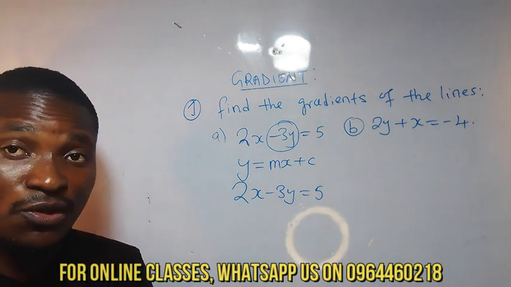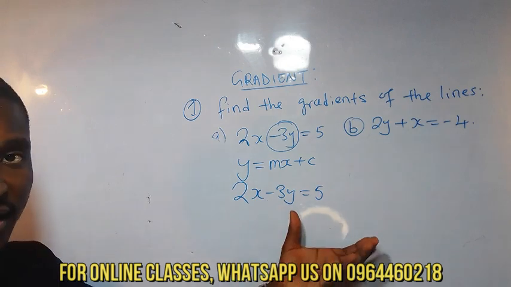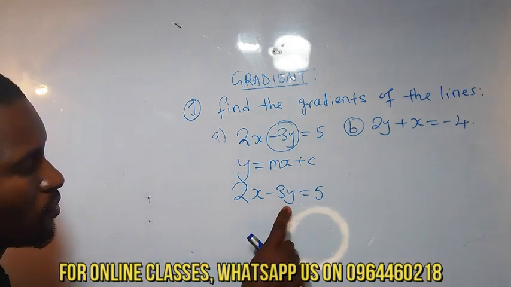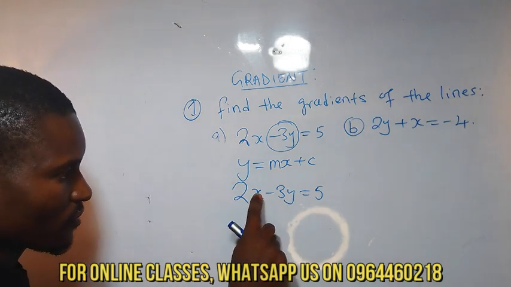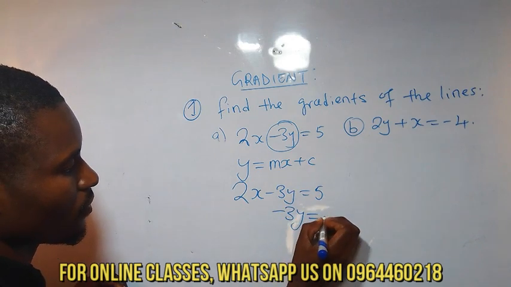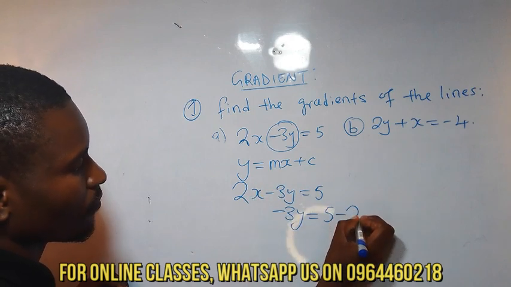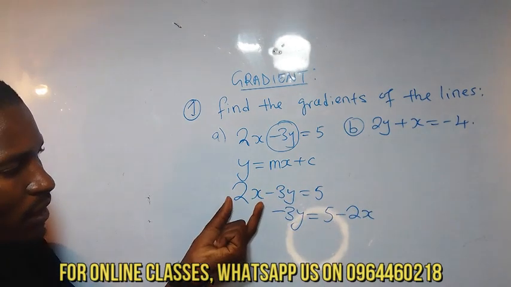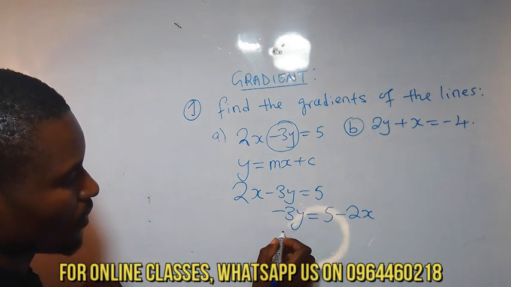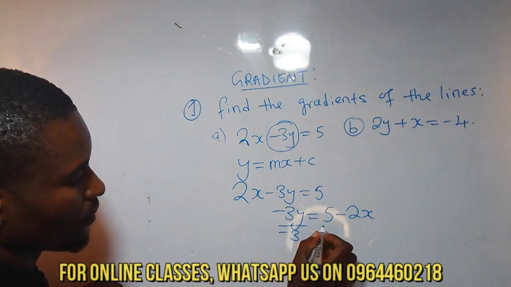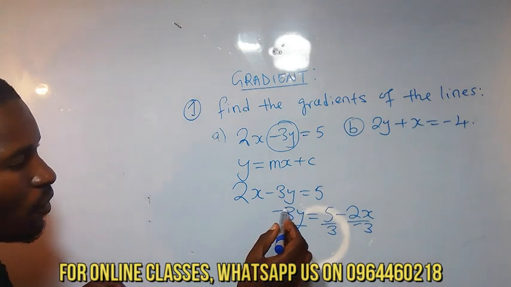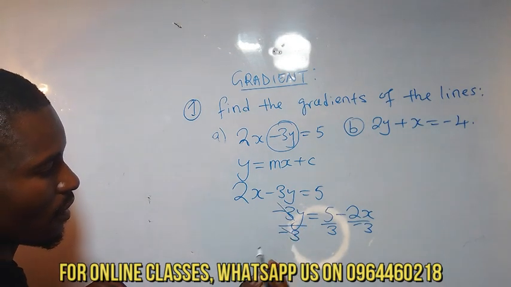The first thing to do is make y the subject. 2x goes to the other side, so we have negative 3y equals 5 minus 2x. Then you divide by negative 3 throughout.